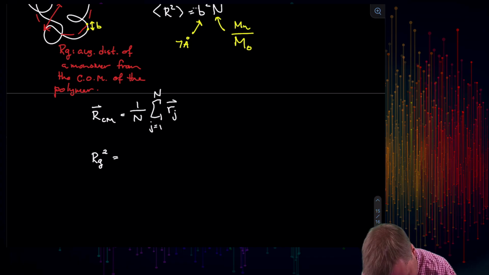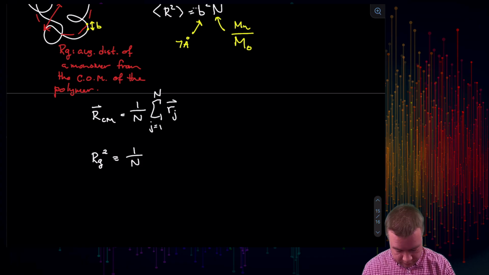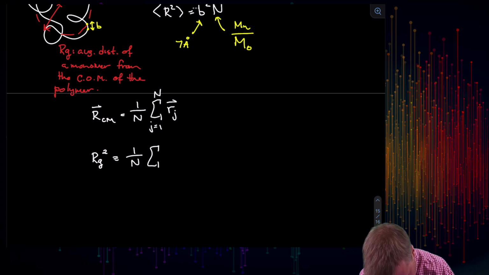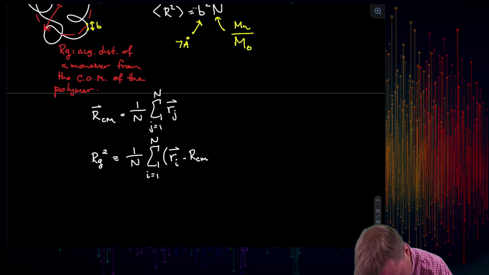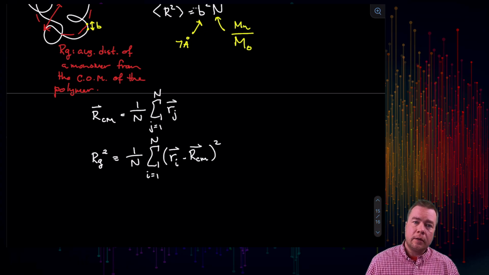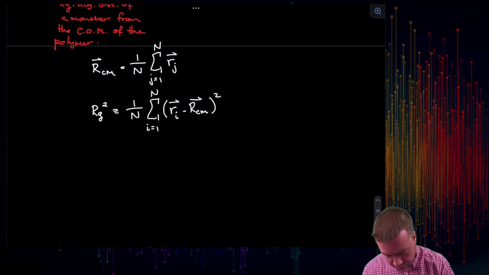But I define this as the average, so 1 over n, of how far each monomer is from the center of mass of the molecule. All right, and so what I do is I trace this through and I expand this.